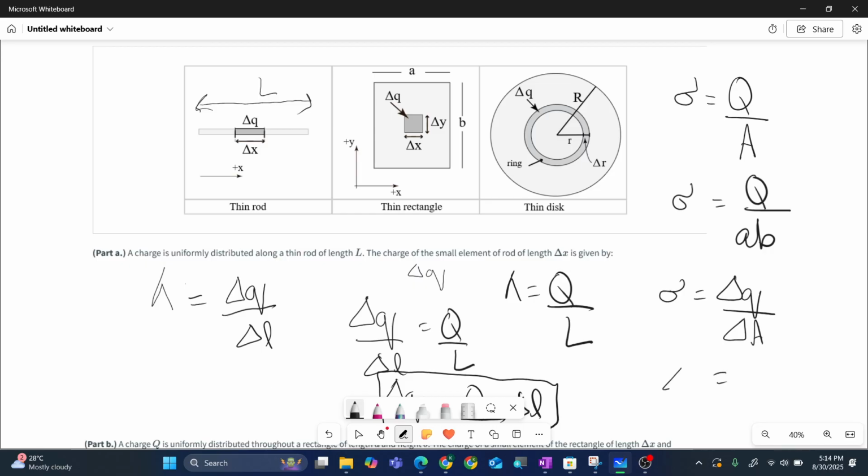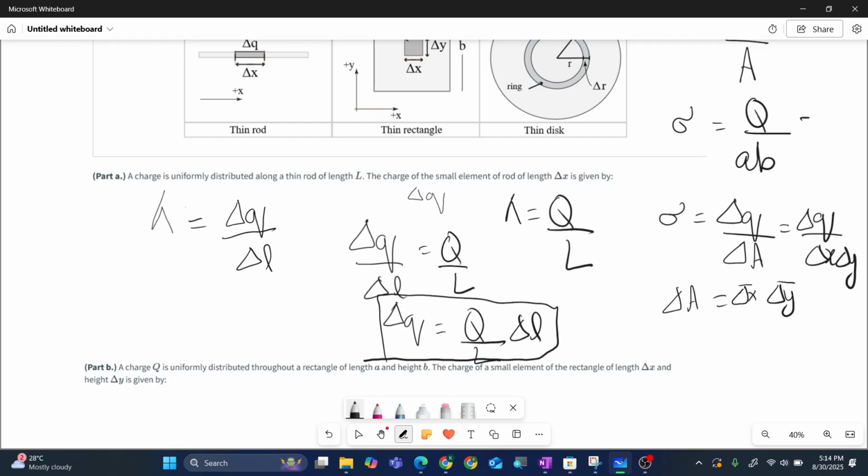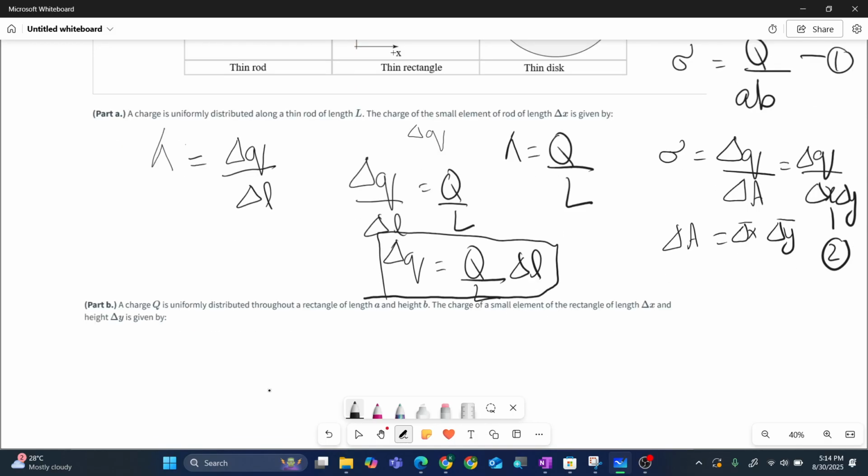Now, how will I find delta A? Delta A is equal to this small element delta X times delta Y. This is my width and this is my height. I'm going to put this into the formula: delta Q over delta X delta Y. Then again, I'm going to equate equation 1 and equation 2, and I'm going to get my small element delta Q as this.